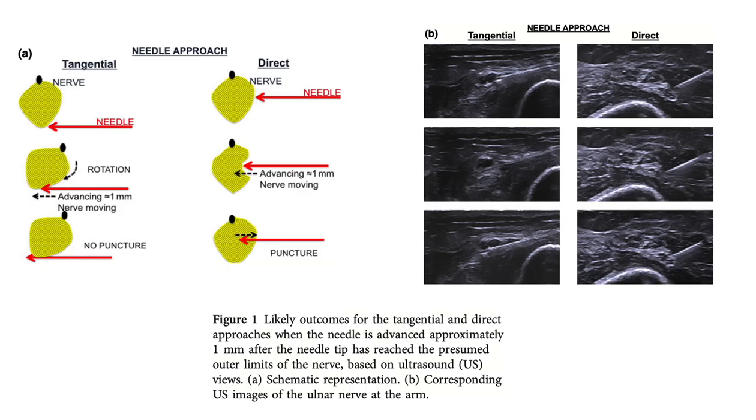They compared two approaches to the nerve, one a direct perpendicular technique and one a tangential technique. The premise is that by approaching in a tangential technique, as you penetrate the fascial compartment into the nerve, you will push away the nerve by rolling it away, and you avoid penetration, as compared to a direct perpendicular technique where you have to be very gentle to not overshoot your needle entry.